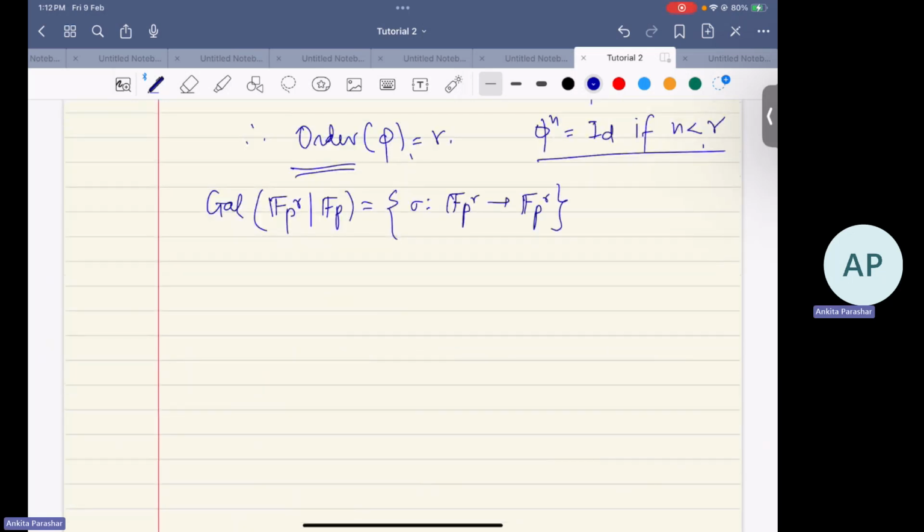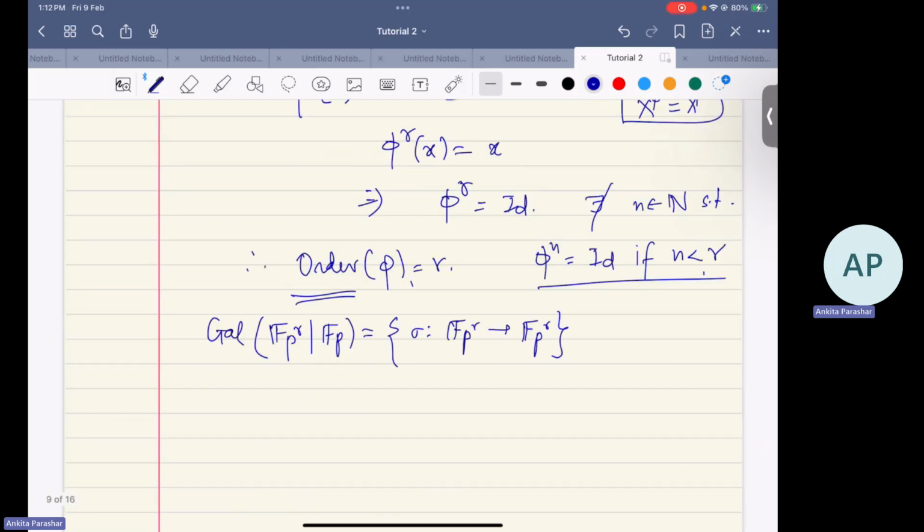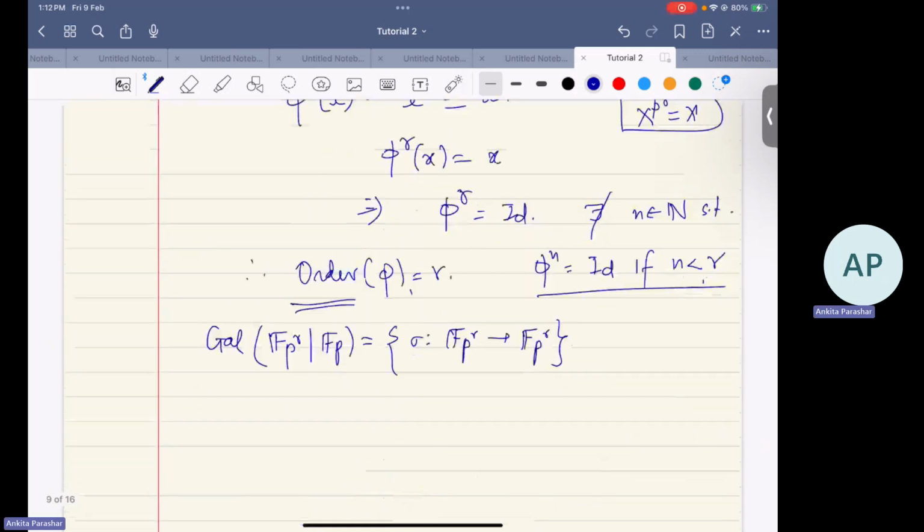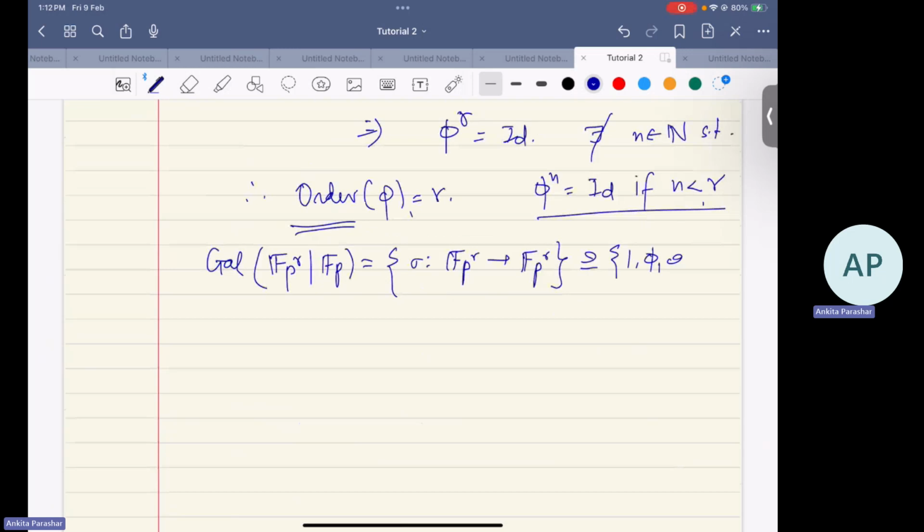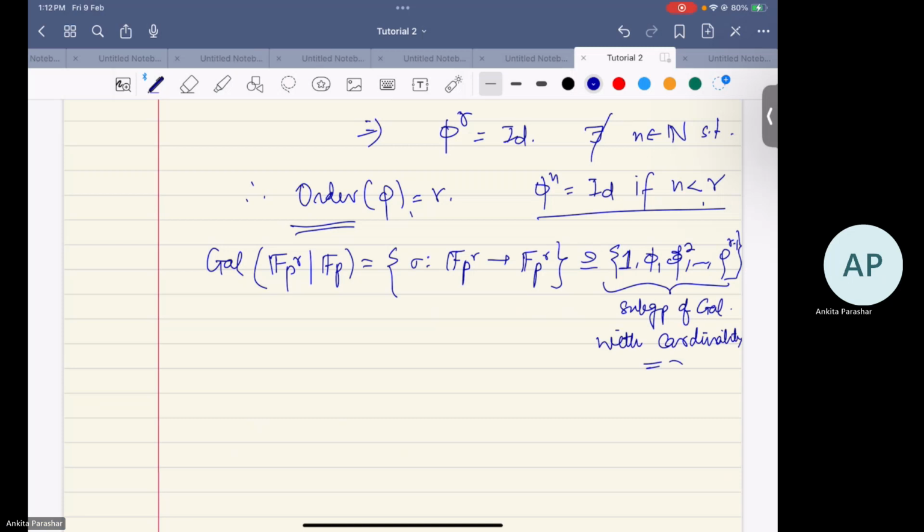We don't know it fully, but we know some of them. Some of them are nothing but 1, phi, phi^2, up to phi^(r-1), because phi^r is identity, that we have taken in the first part. Okay, so we know this is a subgroup of a group with cardinality r, right?